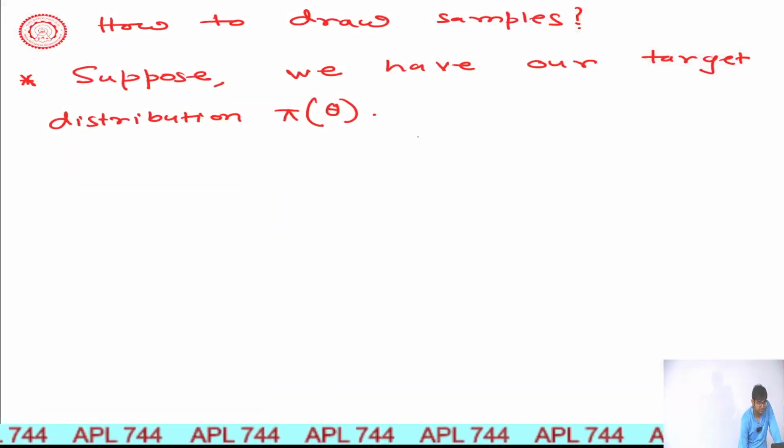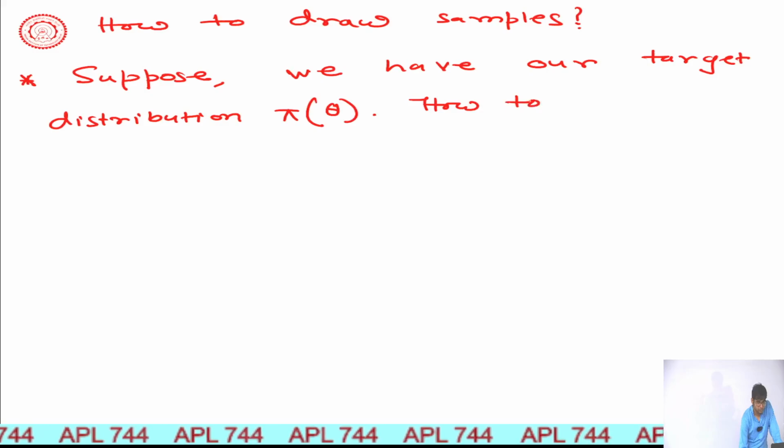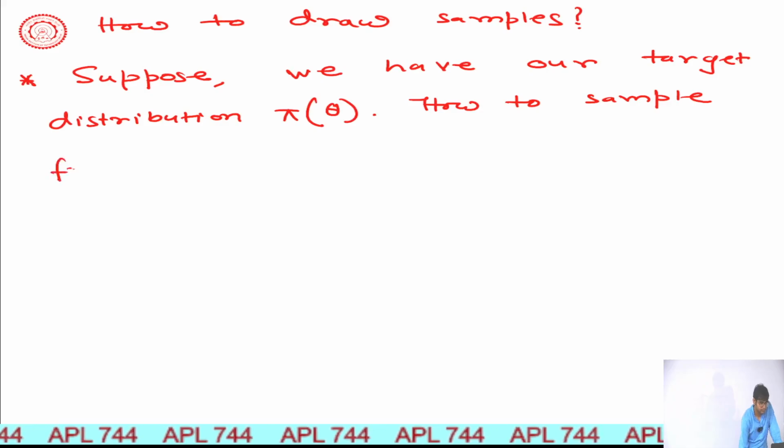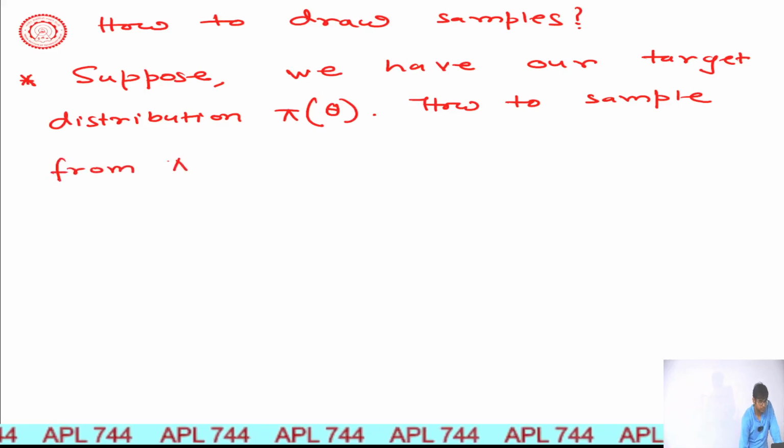The question is how to sample from pi of theta.